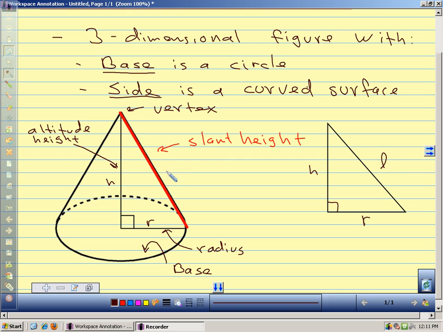I'm going to call this L for our slant height. So we can use this right triangle to figure out one of these other parts using the Pythagorean theorem. So when you're working on problems with cones, you want to remember that there's this right triangle in the cone, because that comes up in a lot of the kinds of problems that you have to solve, just like it does with pyramids.